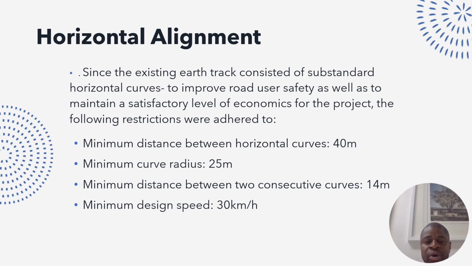The minimum length of a horizontal curve is 40 meters, the minimum curve radius is 25 meters, the minimum distance between two consecutive curves is 14 meters, and the minimum design speed is 30 kilometers per hour.